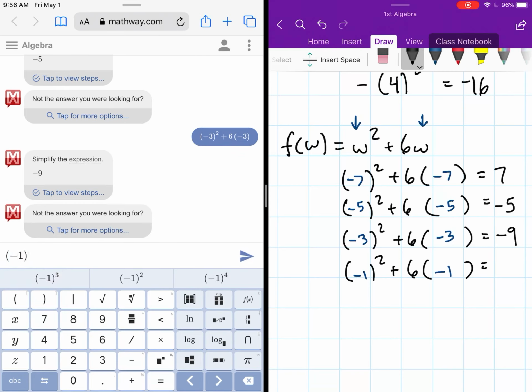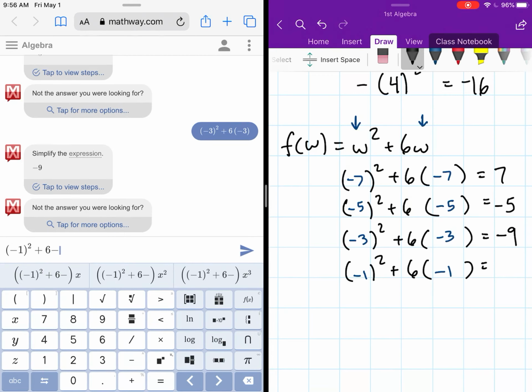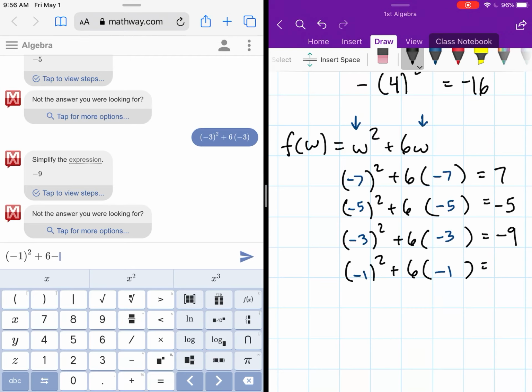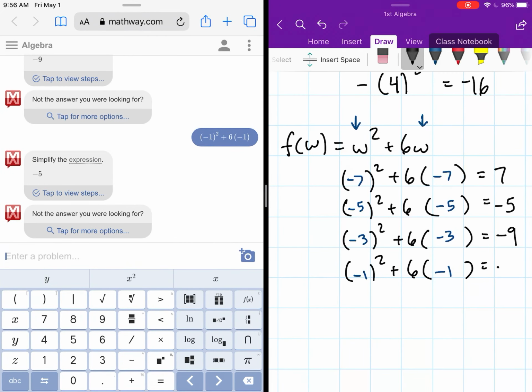And then the last one here is going to give me negative 1 squared plus 6 parentheses, negative 1. Oh, I did that wrong. Parentheses, negative 1. I didn't put the 1. There you go. So submit that, and my answer for that one will be negative 5.